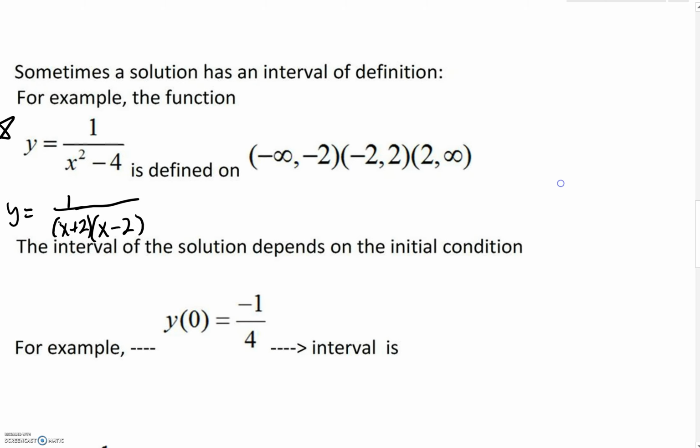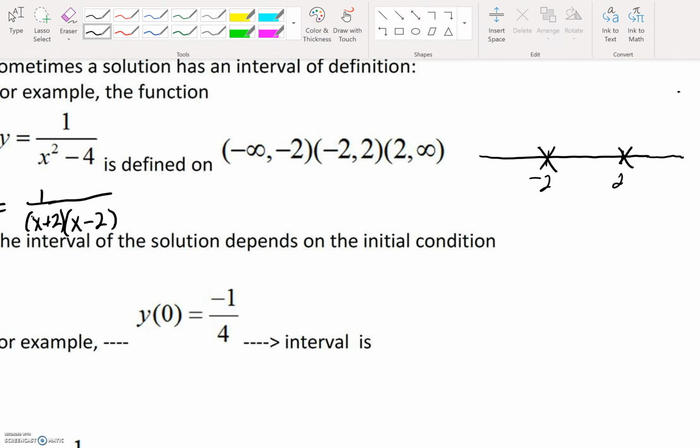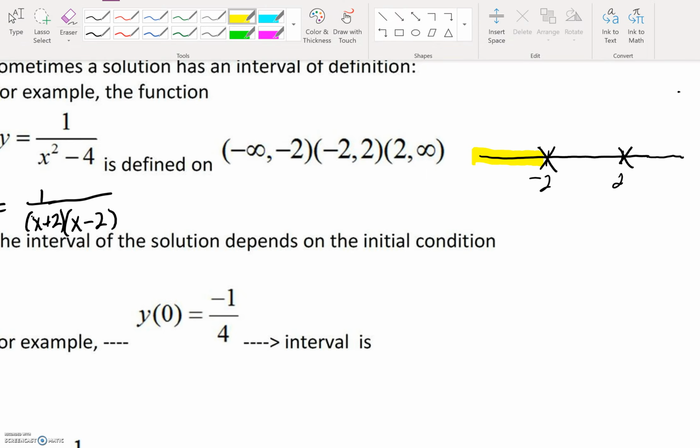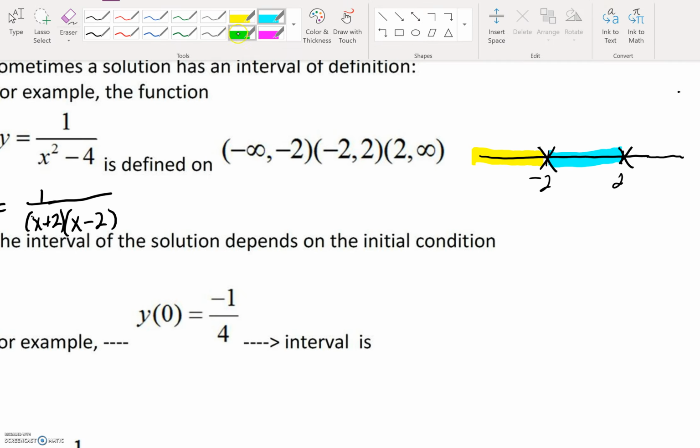So if I may, I'm just going to real quickly draw an x-axis. More or less what we're saying is it's not okay to plug in a negative 2 or a positive 2. And what that really is saying is that our x-axis here, or our possible x's, are going to be broken up into 3 possible regions or intervals.